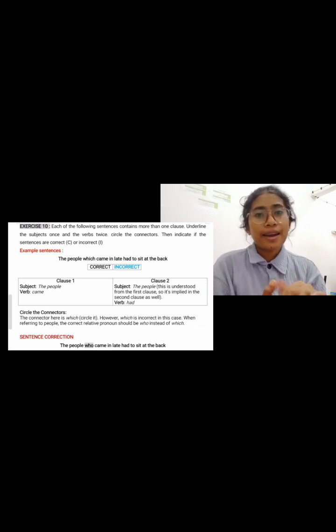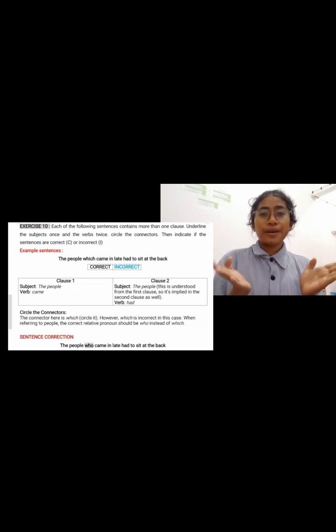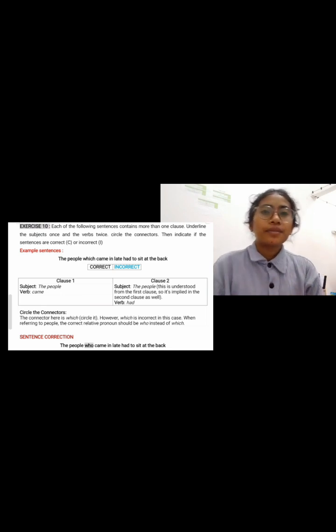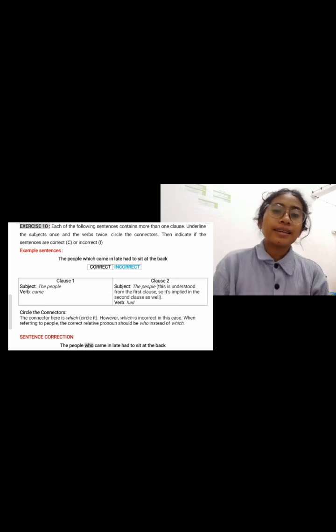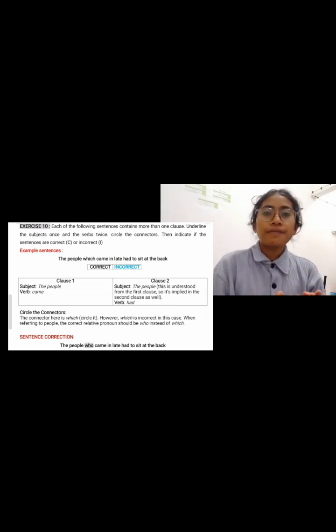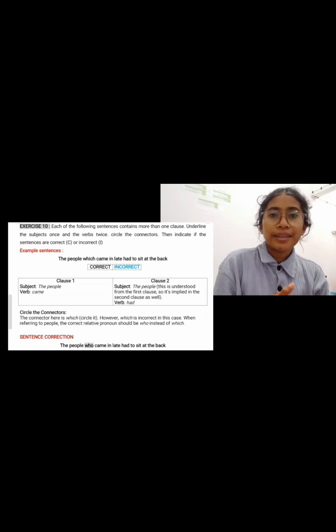Let's identify the subjects and verbs in each clause. In the first clause, the subject is the people and the verb is had to sit. In the second clause, the subject is which and the verb is come. The connector here is which, circle it.